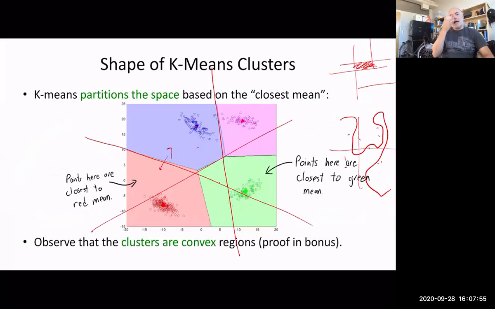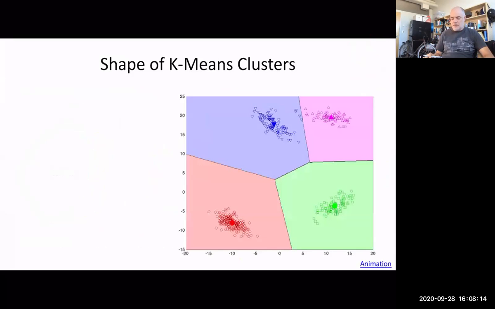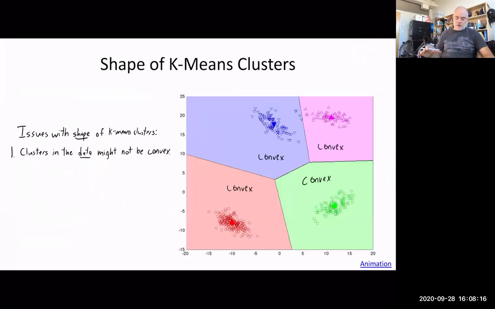So you can ask yourself, if we're clustering, is it natural or is it appropriate that cluster regions are shaped like this? Is this the right inductive bias to apply in your clustering algorithm? Not obvious, right? So, these are all convex.